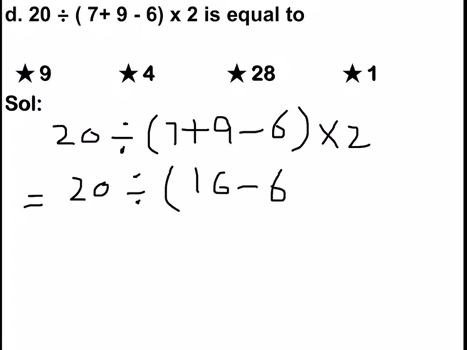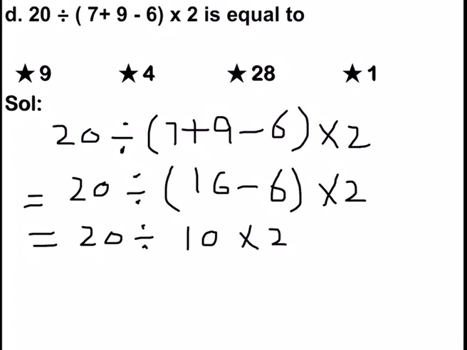Minus 6, bracket close, multiplied by 2. First we will solve the bracket. Now 16 minus 6 is equal to 10, multiplied by 2.